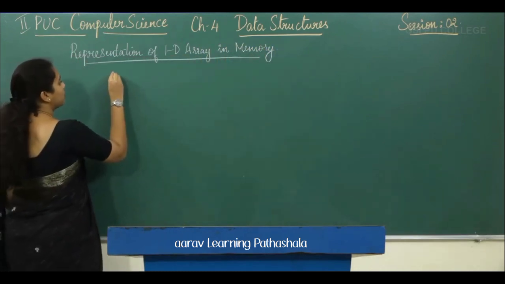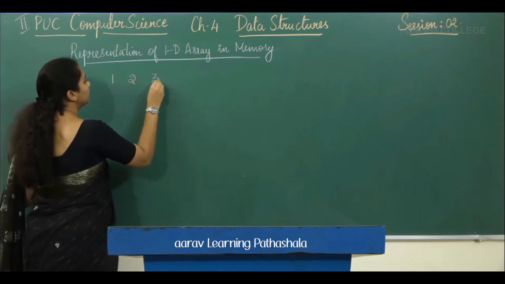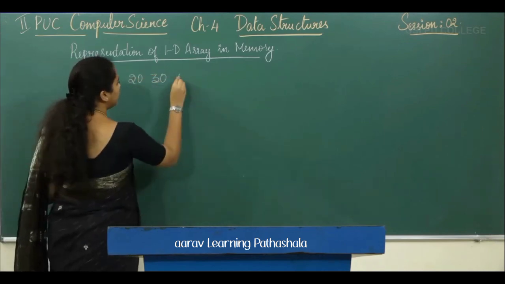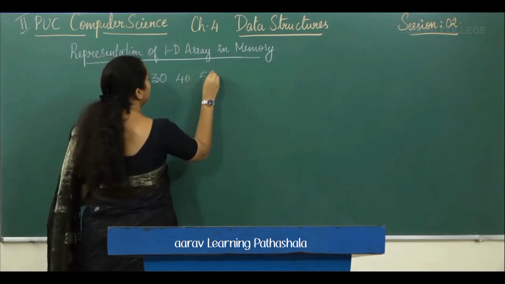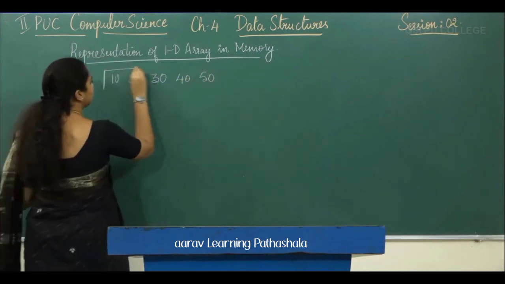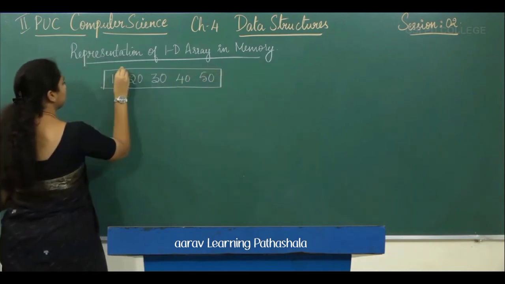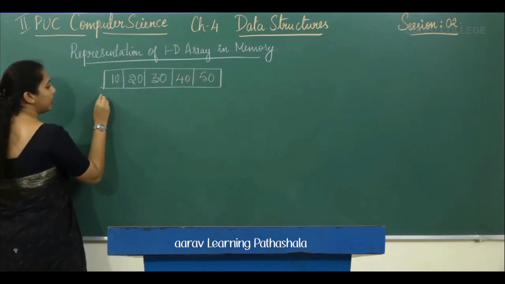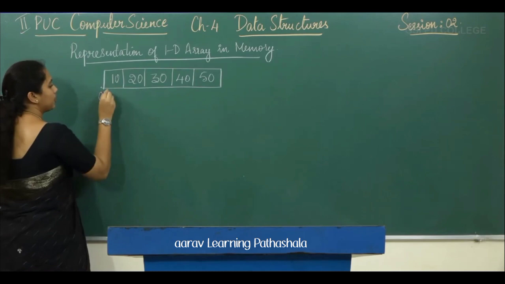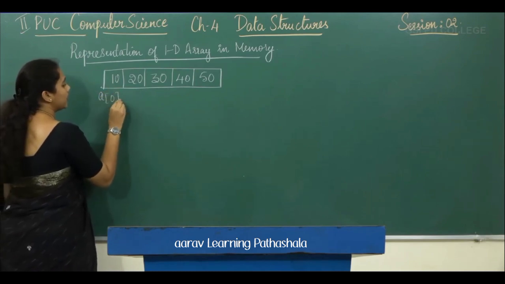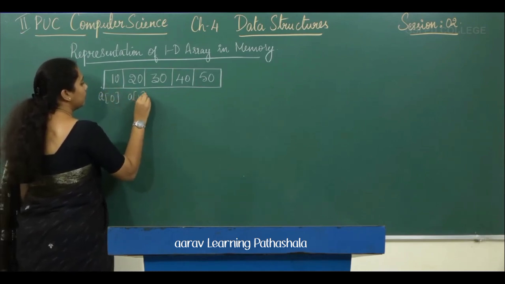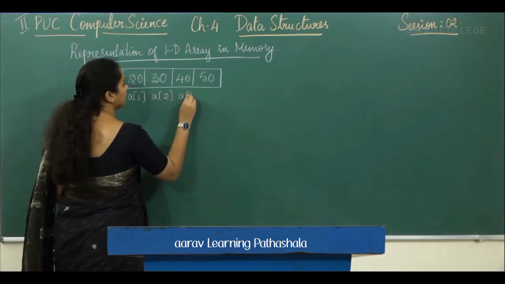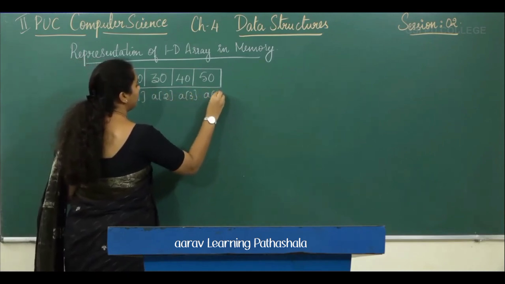Suppose I am storing 10, 20, 30, 40 and 50 in an array. The name of the array is A. The location always starts from 0, up to A of 4.